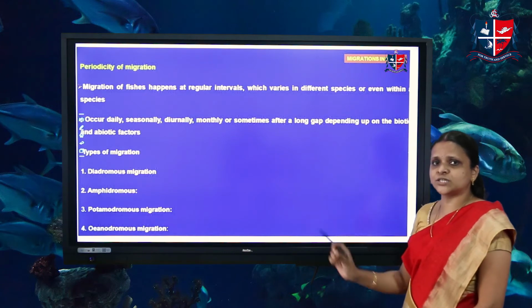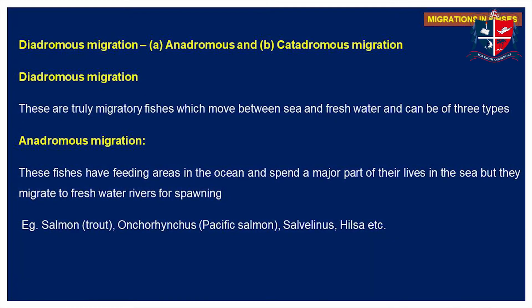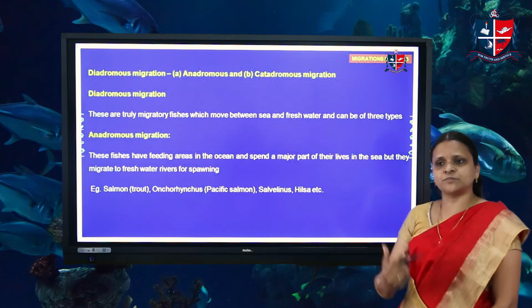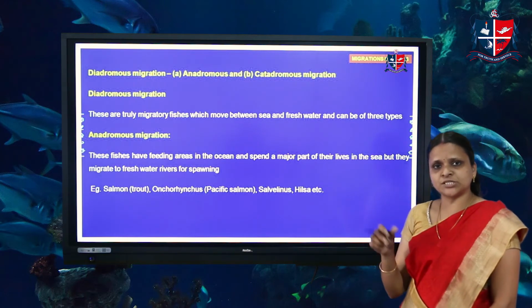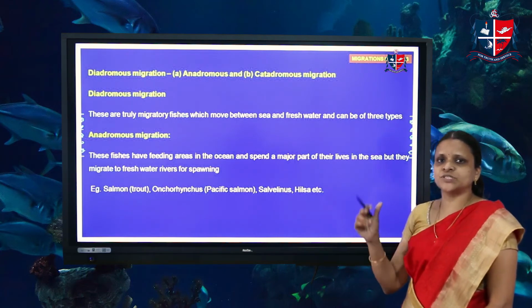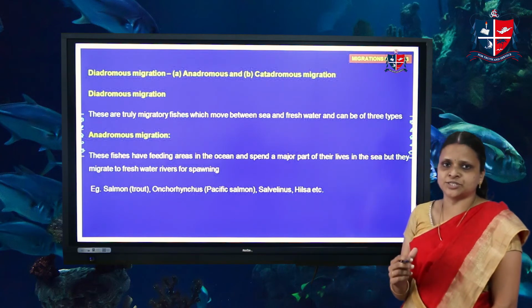Coming to the first category, the diadromous fish migration, the fishes move from freshwater to seawater, or from seawater to freshwater, between both of these habitats.